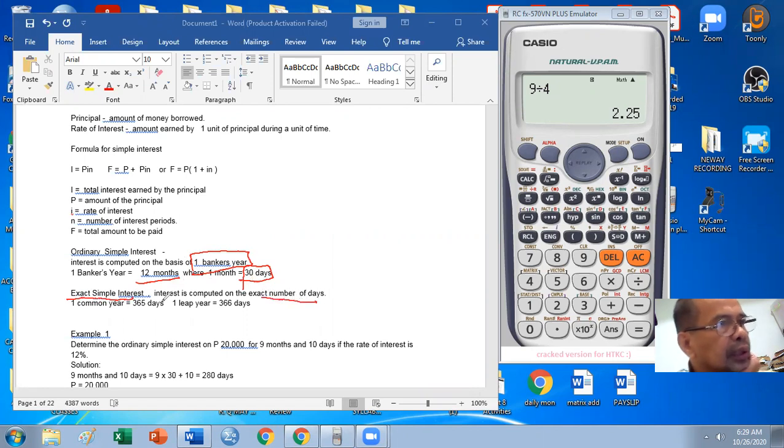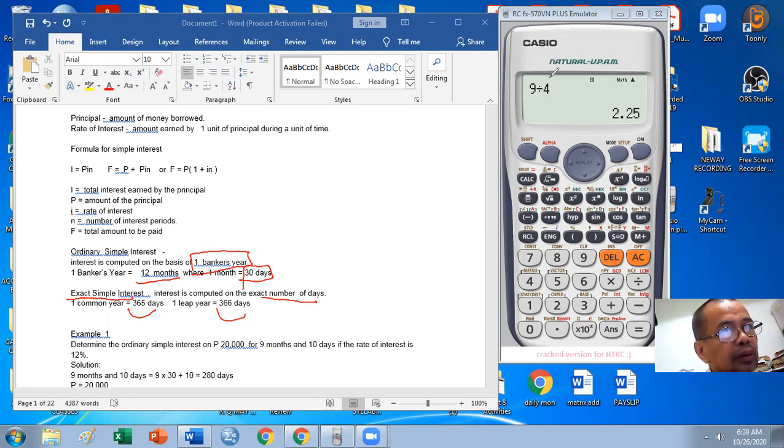This is because a year can be a common year or a leap year, which is 365 or 366 days. And the months do not all have the same number of days: some have only 28, some 29, some 30 or 31.